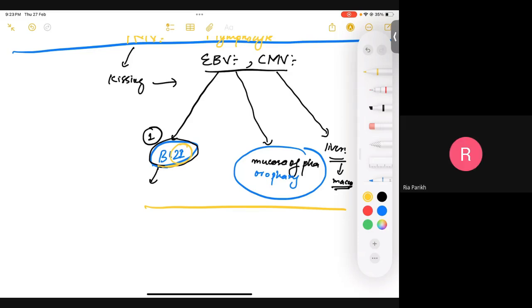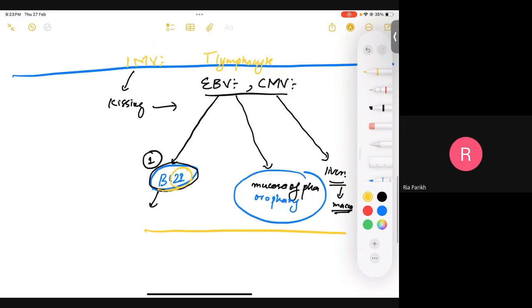T cells, because you need a lot of T cells in order to fight off that infection. So don't confuse it with B cells. The host for it is B cells, but the body would fight this virus by initiating a T lymphocyte response, that is CD8 positive T cells. This is going to be one of your UWorld MCQs. Is that clear?